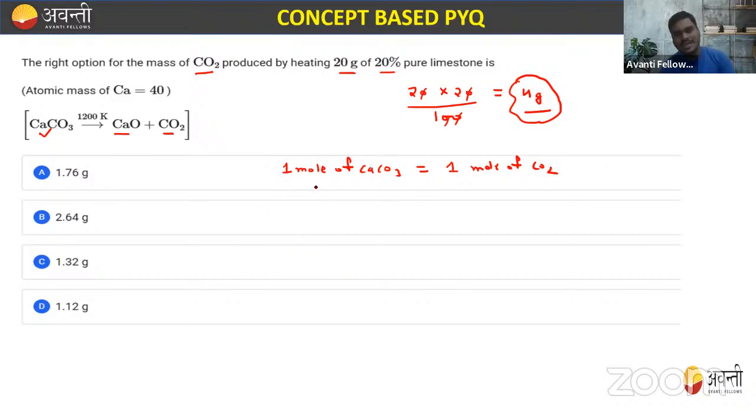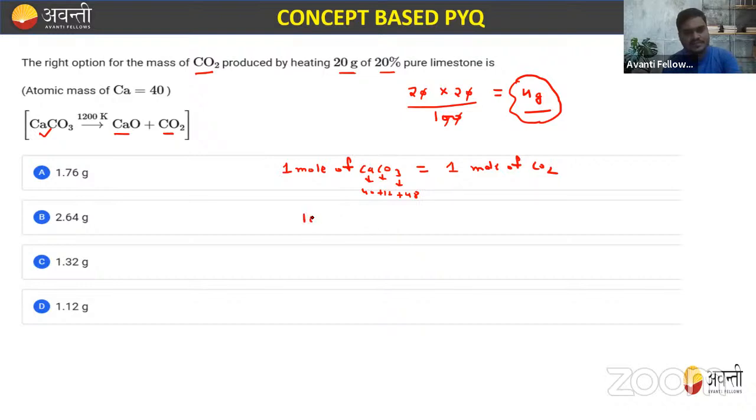So we actually calculate mass by mole multiplied by molecular mass, right? So 1 mole of calcium carbonate. Calcium having atomic mass 40, carbon having atomic mass 12, and oxygen having atomic mass 16, 3 times 16 is 48. So this is 48 plus 12, right? 48 plus 12 is 60, 60 plus 40, that is 100, right?